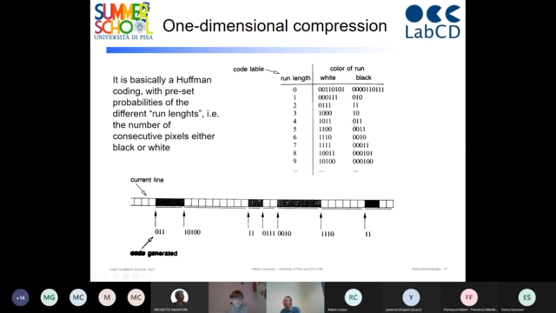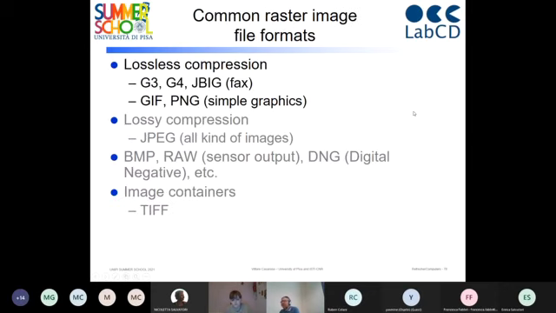This is the table of compression, and therefore what you replace is a sequence of bits that should really be 1 0 1 0 this way. Instead, you replace a run length, a sequence of bits of the same color, with these codes here, and you get a very, very good compression. This is the basic idea behind G3 and G4.